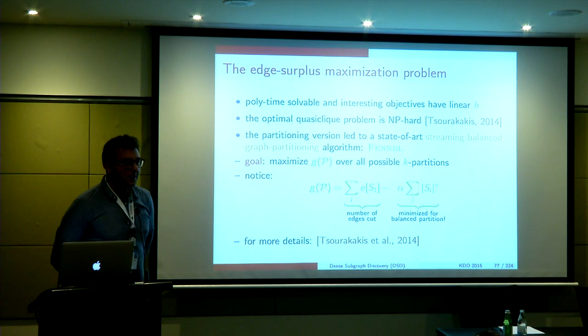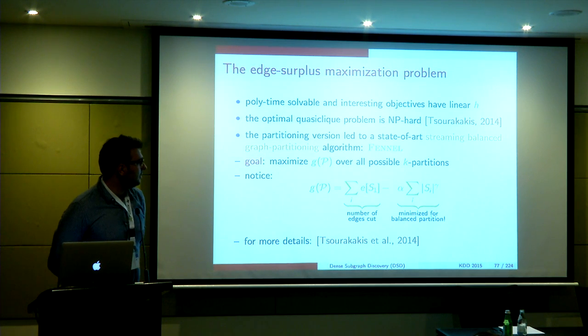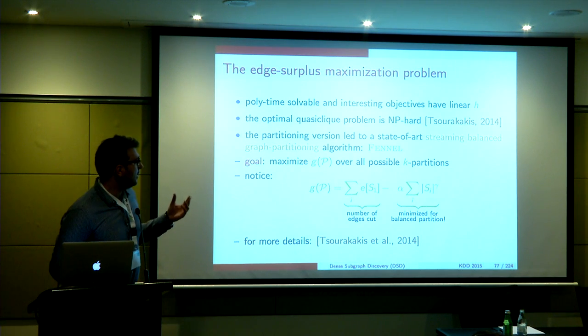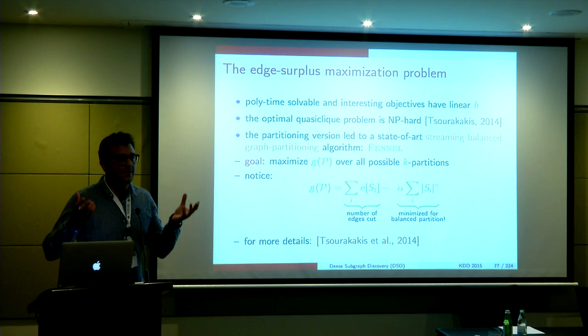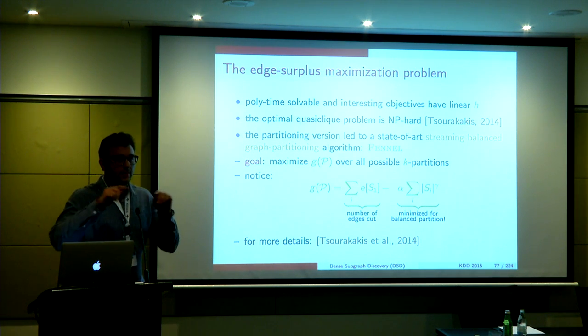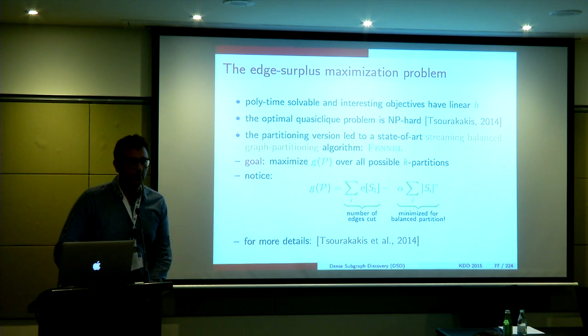The optimal quasi-clique problem was shown to be NP-hard, and I also used it for the balanced graph partitioning problem. In this tutorial, we're not going to discuss partitioning a graph in depth, but let me mention that the idea of taking a graph and splitting it into K parts, which have roughly the same number of vertices, and minimizing the number of edges across the cut, is a very important problem in distributed computing.